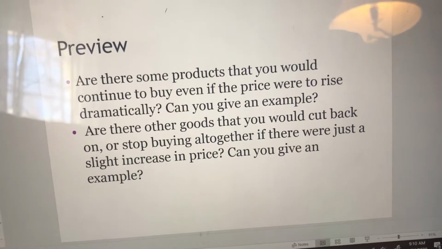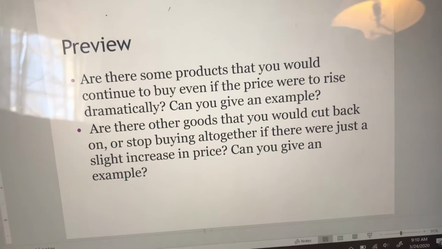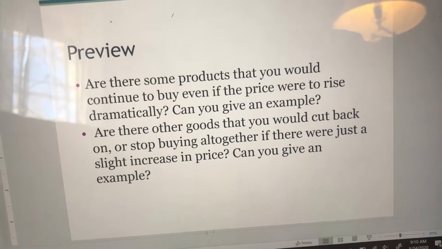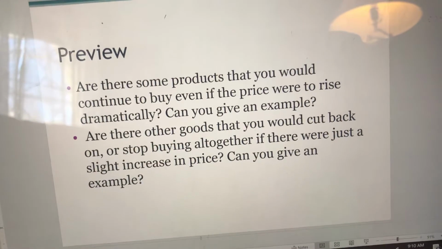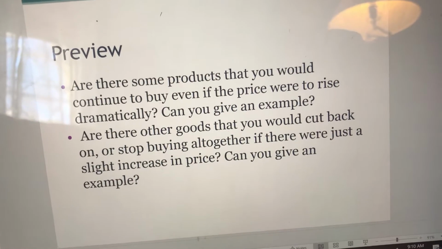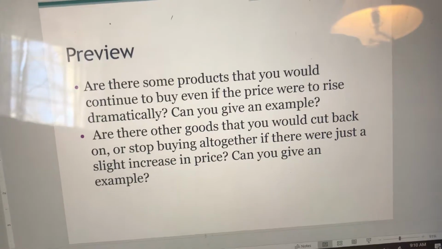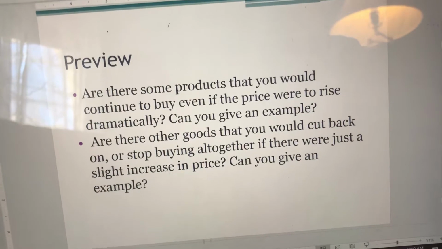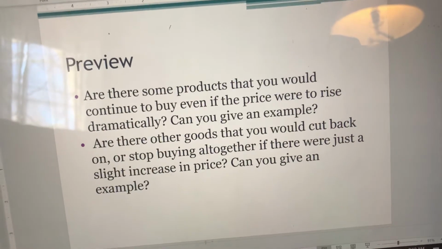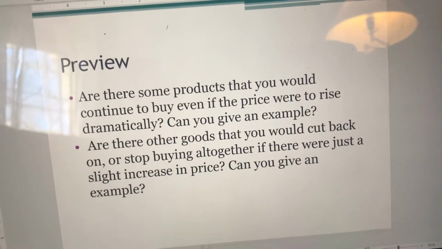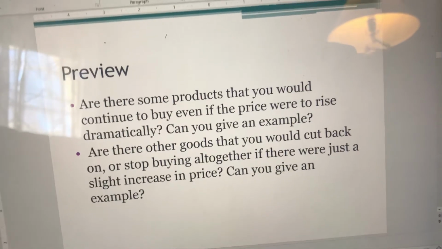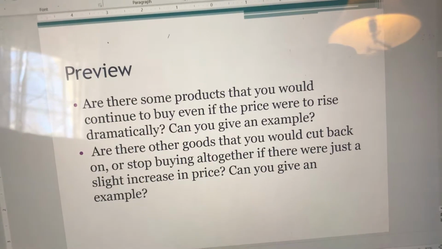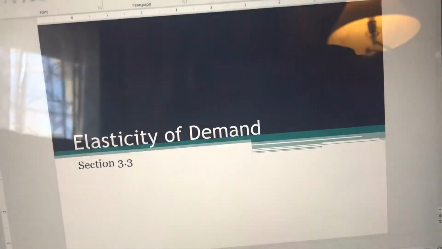And then there's other items where even if the price was very slightly higher, you would stop buying altogether. Perhaps a particular makeup brand or food that you like to go out to eat after school. Even if that bagel went from $2 to $2.10, you might say, I'm not going to buy it anymore. So this deals with elasticity of demand that we're going to go through together.